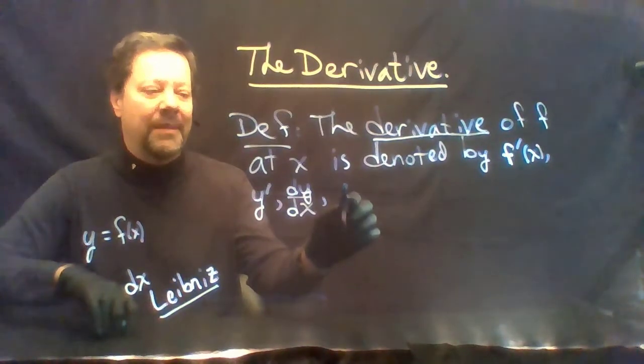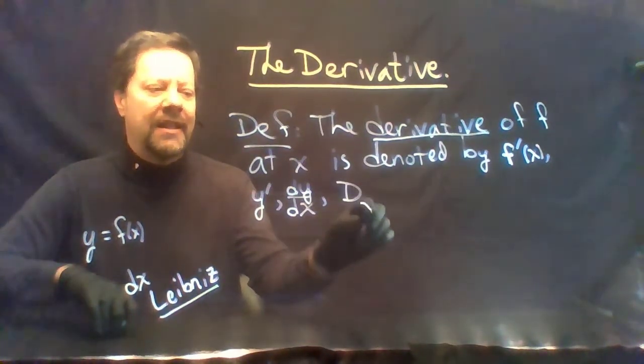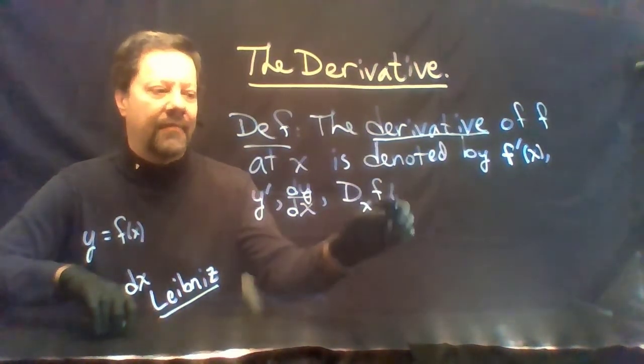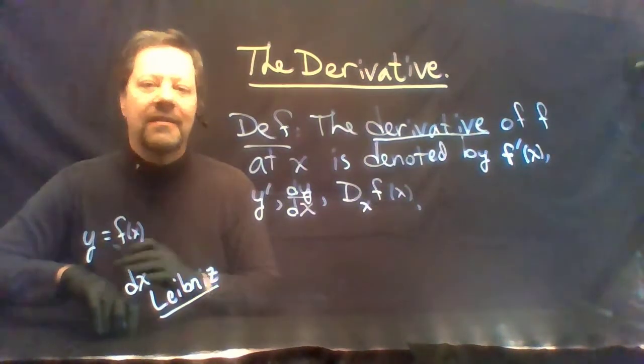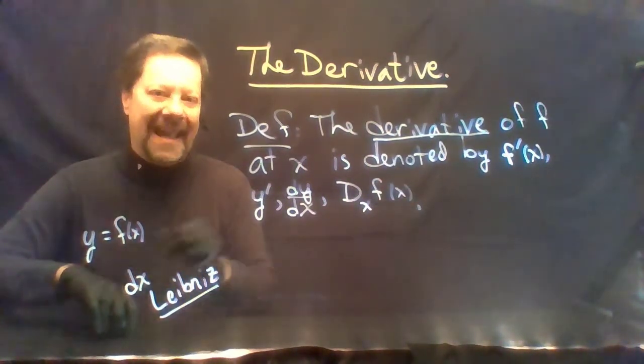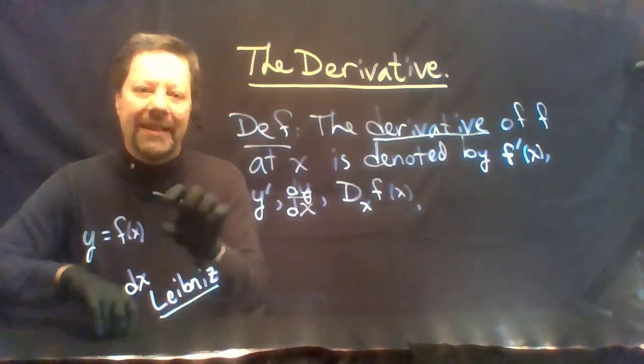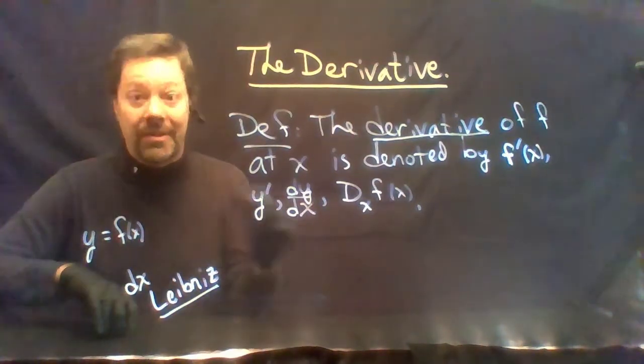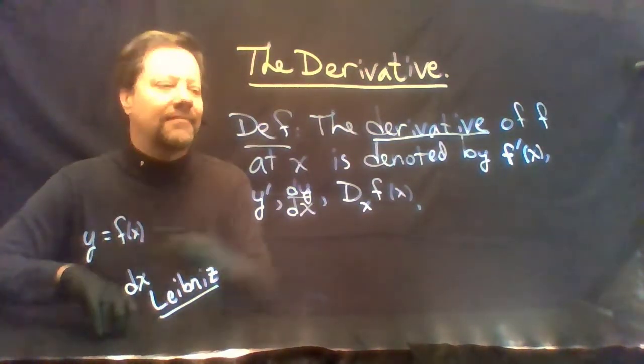Another notation might be d dx of f. Sometimes you'll see a capital D as a derivative operator being applied to a function which outputs the slope of the tangent line.